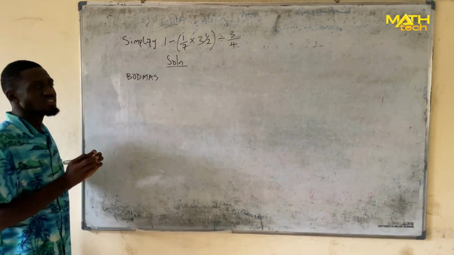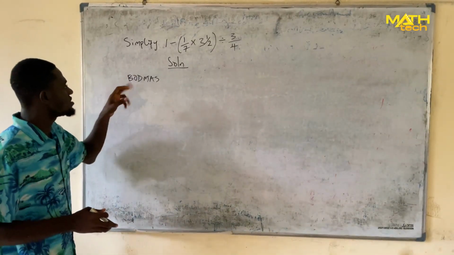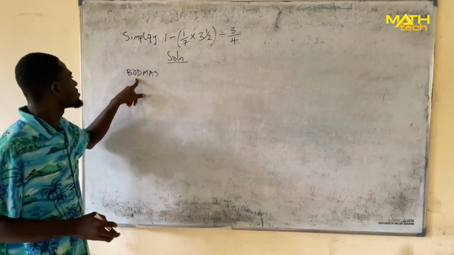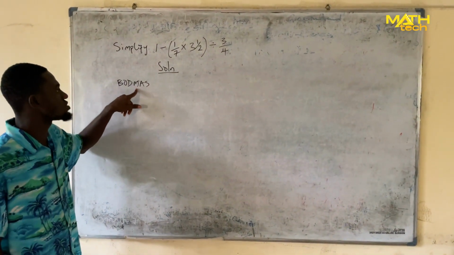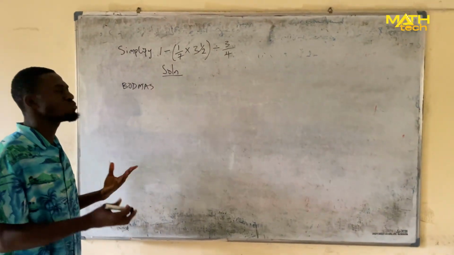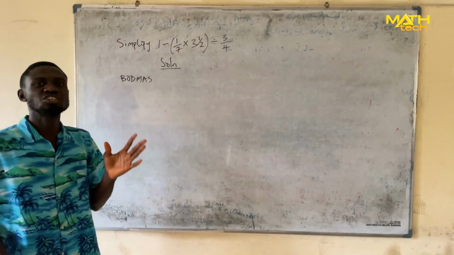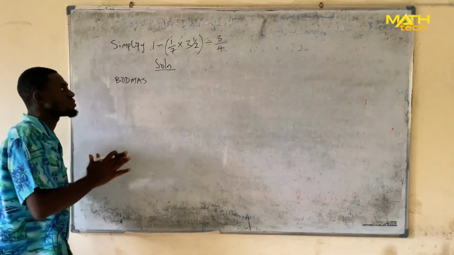So it's just like an order of precedence. The bracket precedes of, which precedes division, division precedes multiplication, multiplication precedes addition, and addition precedes subtraction. But most times you can interchange the addition and the subtraction. Subtraction can come before addition, and addition can come before subtraction.